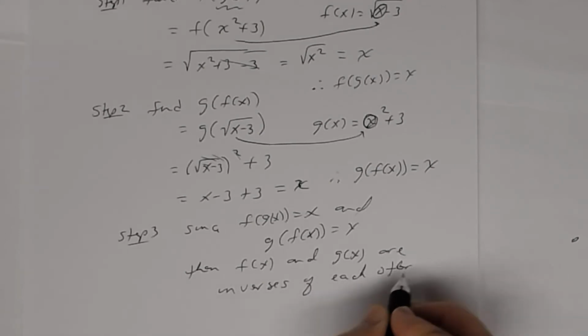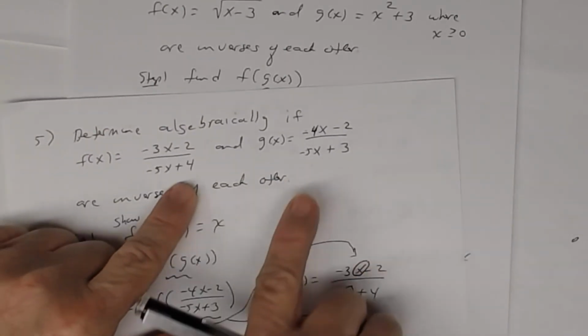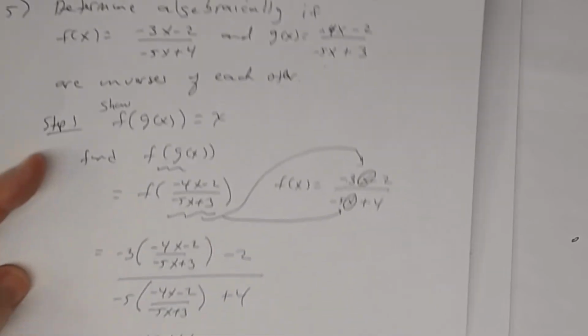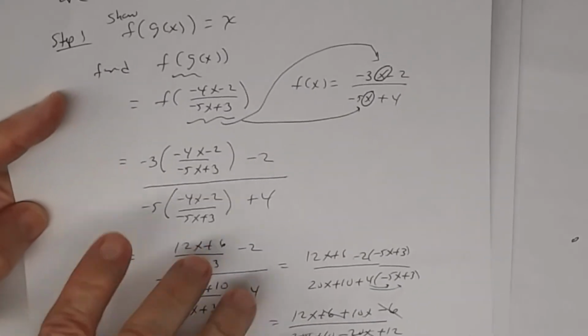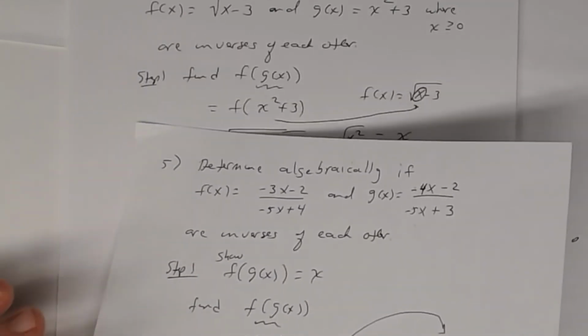And that's it. So I know it was a pretty long lesson, and some of our time was spent on number 5, which was this pretty complicated looking rational expressions, g of x and f of x. We did have to do a lot of work there.